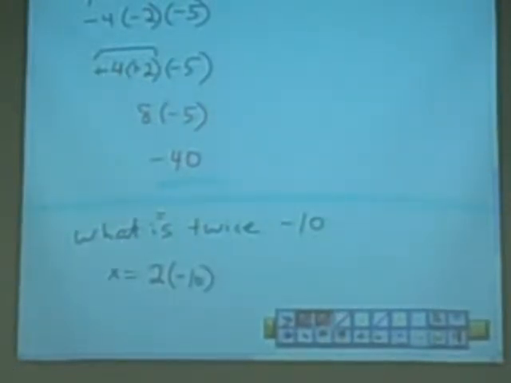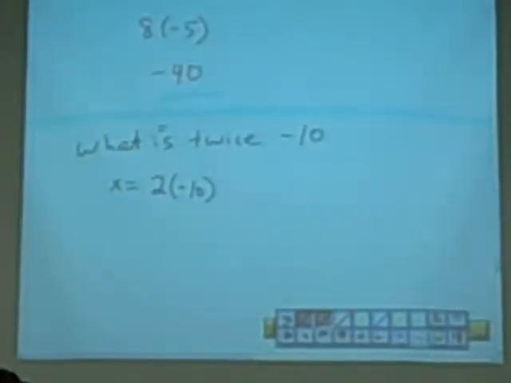If we have 10 students in the class, and let's say tomorrow we have twice that, that's 2 times 10, right? It's 20. Well, the same thing here, only here we're working with 2 times a negative 10. And so that gives us a what?